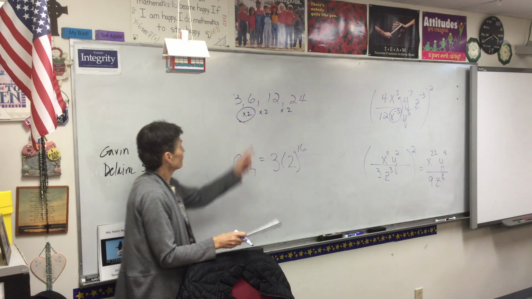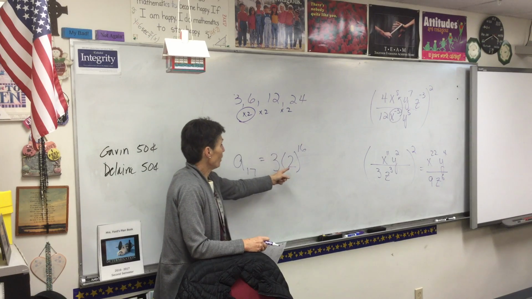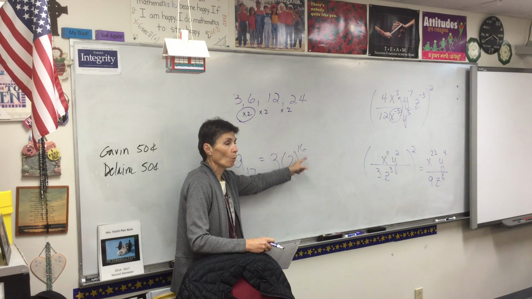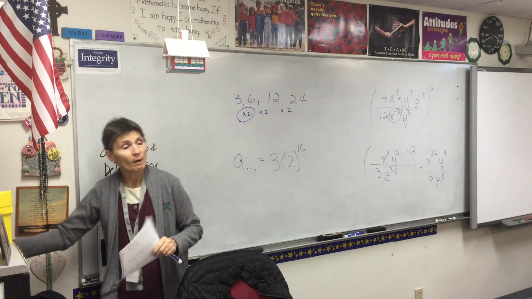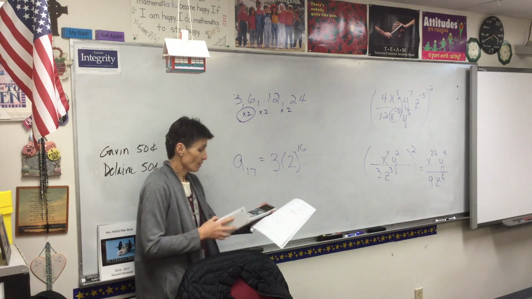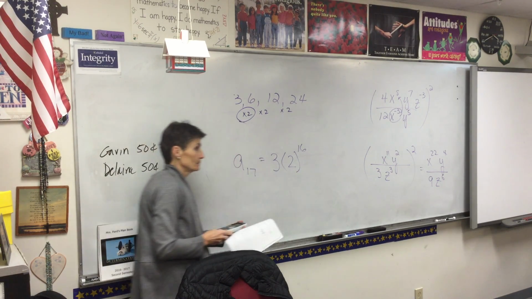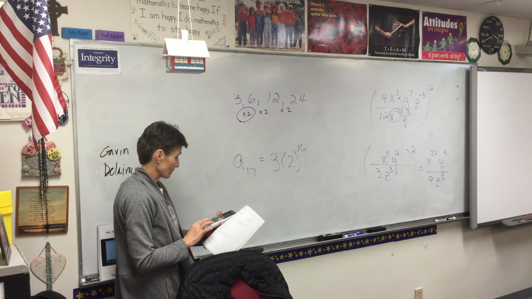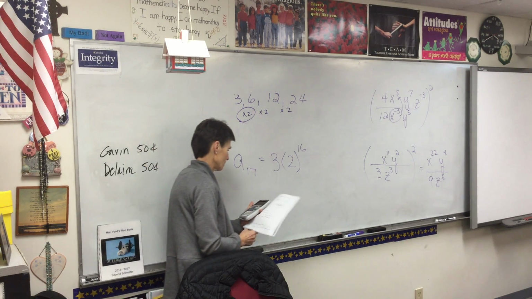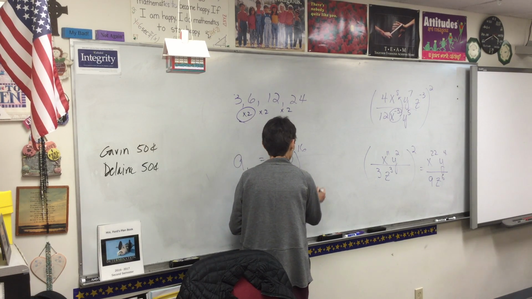That we take the first term, and we multiply it by the ratio to the 1 less power. I do expect answers tomorrow, so if you come with no calculator, you have a lot of work right here. 2 to the 16th is a big number. I got 196,608.